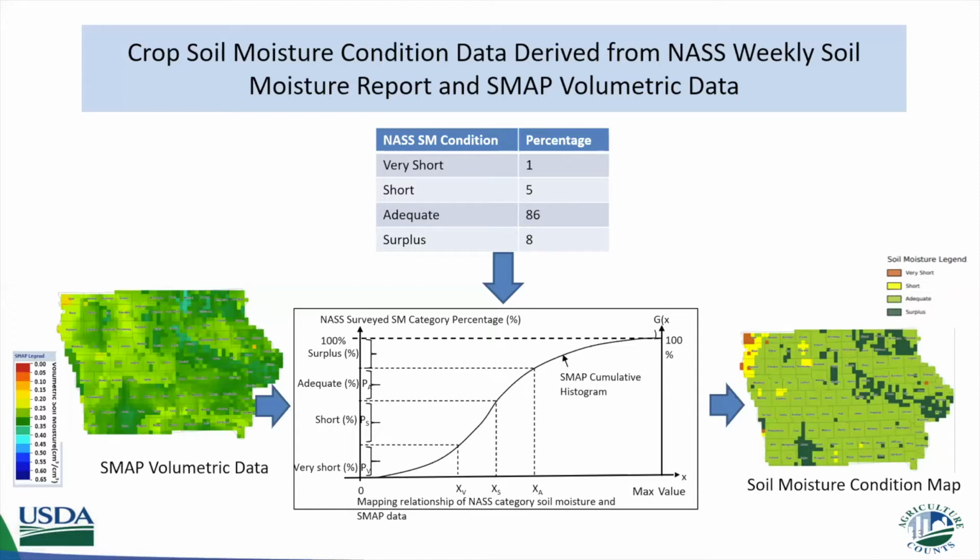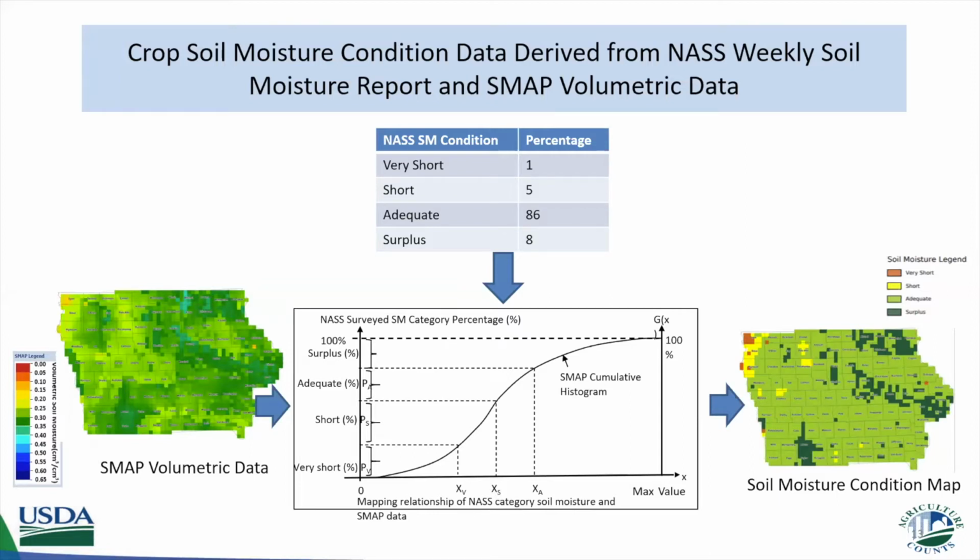So every week we report the soil moisture level at the state level. And we basically have 4 categories, describing how much soil moisture there is for the crop. One is very short, the other is short, the other moisture level is adequate, or the moisture level is too much. You have too much water, so it's surplus.